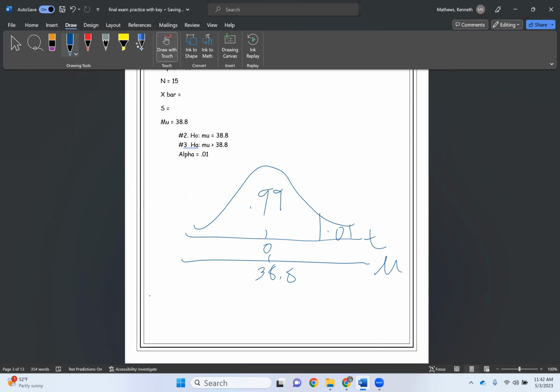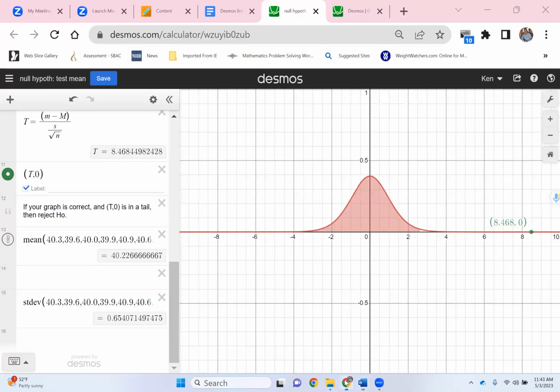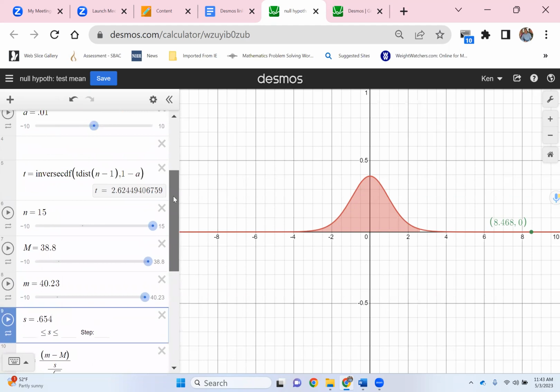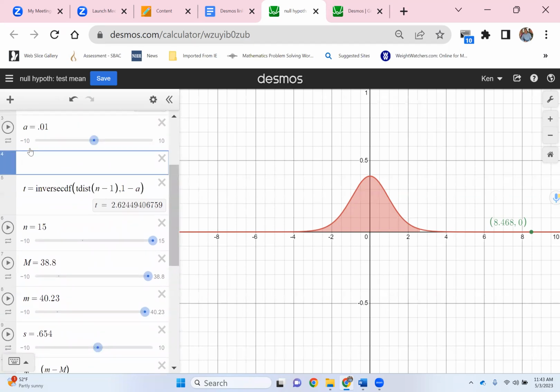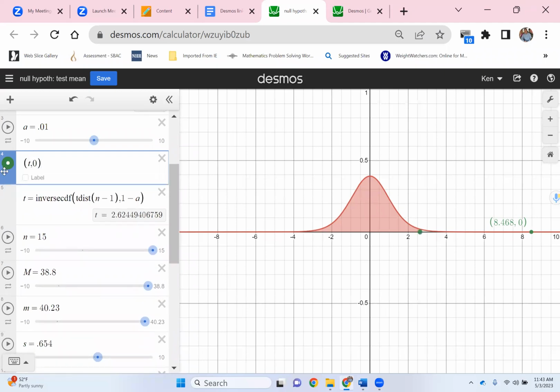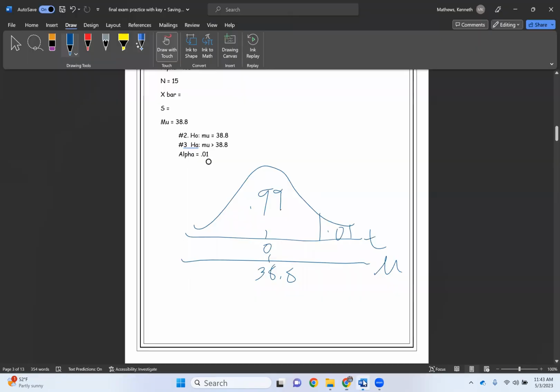Our critical value, and we could also graph t if we want. I kind of like that idea. Little t, comma, 0. There it is, 2.62.